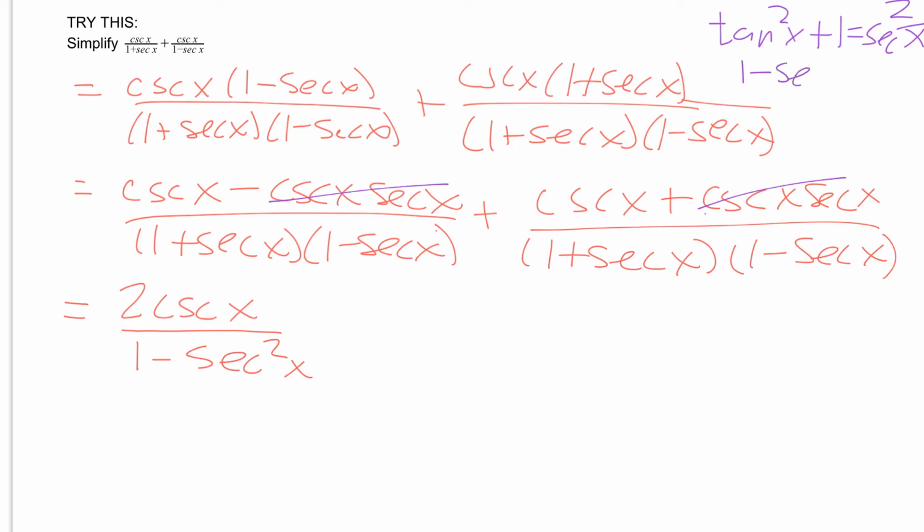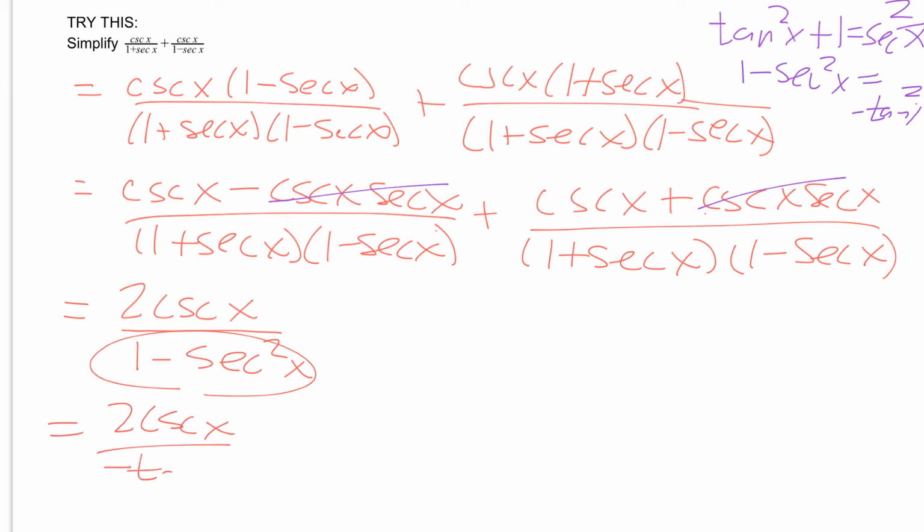So 1 minus secant squared x is equal to negative tangent squared x. So I can replace the bottom here by negative tangent squared. So we get 2 cosecant x over negative tangent squared x.